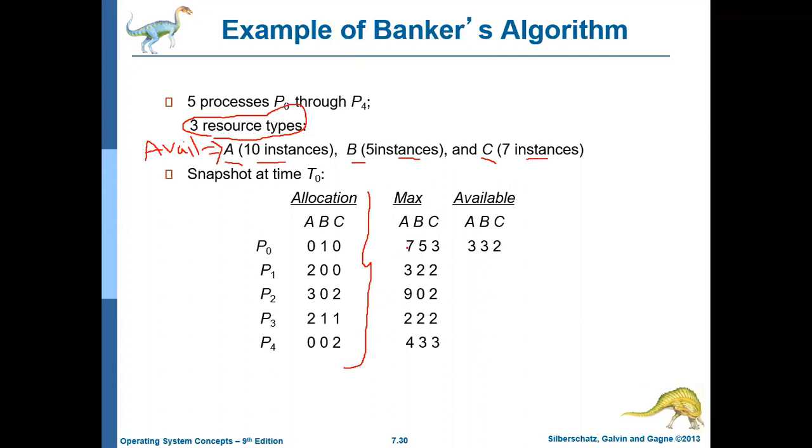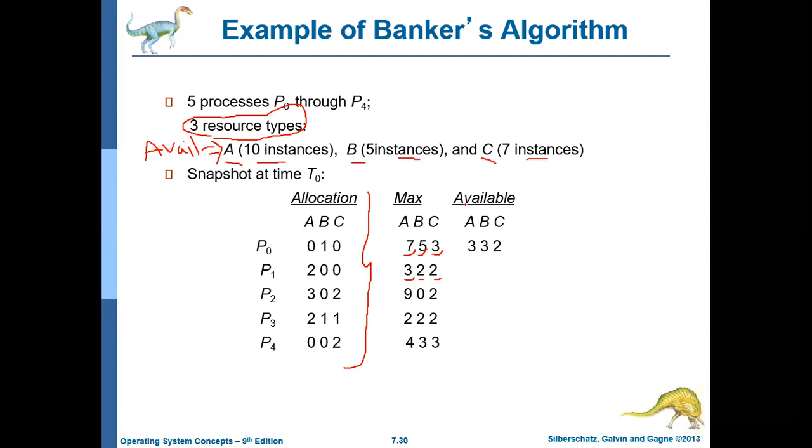So P0 will require a maximum of 7 instances of resource A, 5 instances of resource B, and 3 instances of resource C. And P1 will require a maximum of 3 instances of resource A, 2 instances of resource B, and 2 instances of resource C. That is what this max matrix says. We already know max is a matrix, and allocation is a matrix.